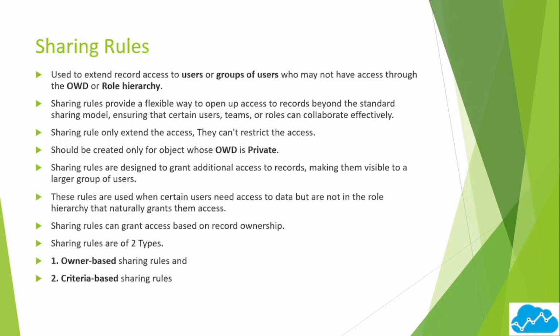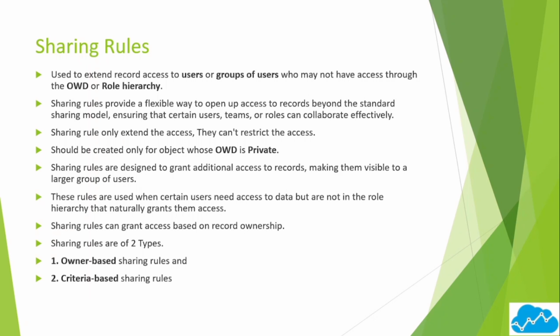Sharing rules provide a flexible way to open up access to records beyond the standard sharing model, ensuring that certain users, teams, or roles can collaborate effectively. Sharing rules only extend the access, but they can't restrict the access.